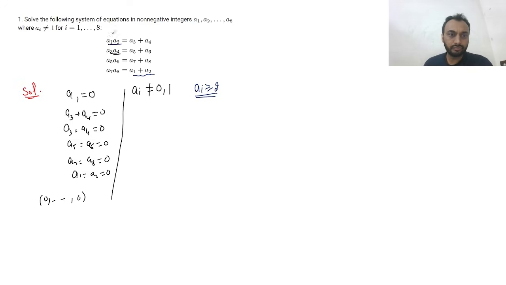So for that, first adding all these four, we get the summation of A1 A2, A3 A4, A5 A6, A7 A8 is equal to the summation of Ai where i is 1 to 8, right? A1, A2, A3 up to A8.